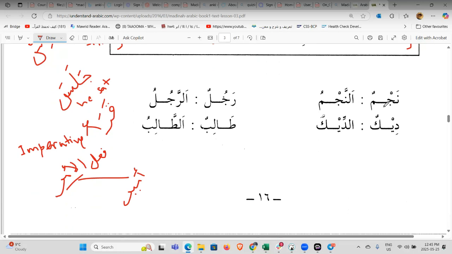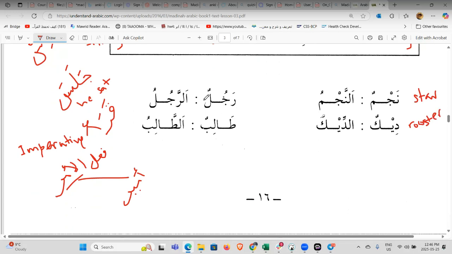So we have some more vocabulary here. Najmun, a star, and an-najmu, the star. Dikun, a rooster. I think we've seen these words before. A rooster and the rooster.